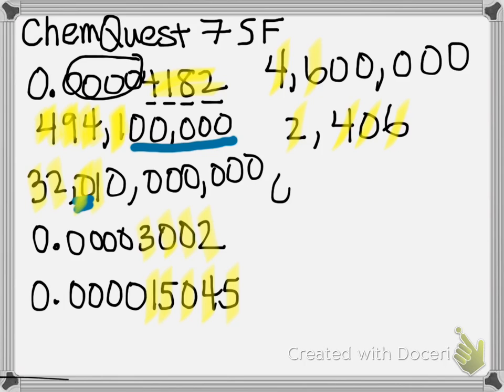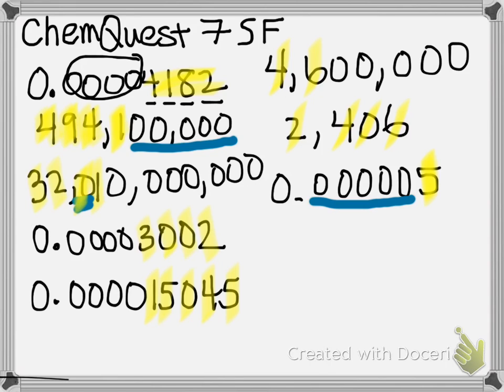In letter D, three, 4, 5, and then a 5. The only significant digit here is this 5. These other zeros that are here are placeholders, and therefore they are not significant. So that one only has 1.